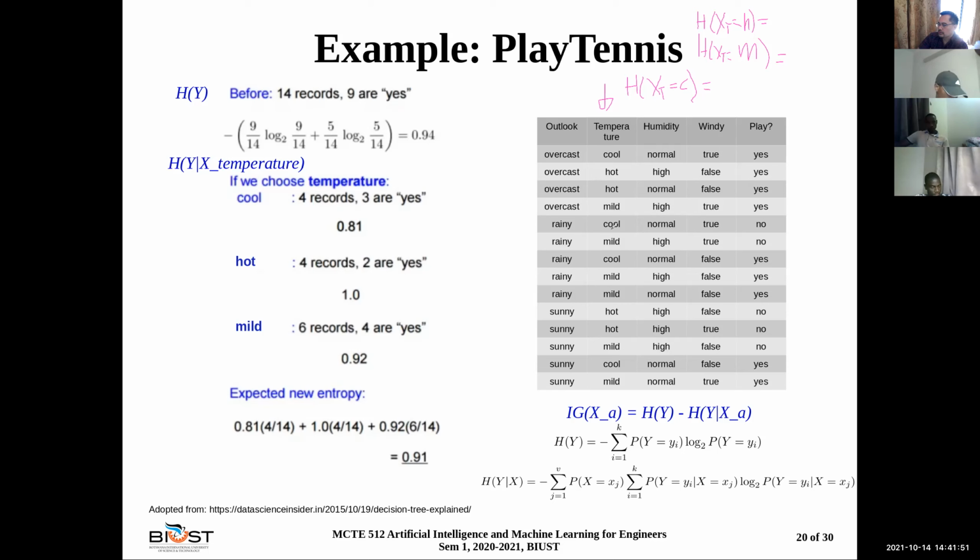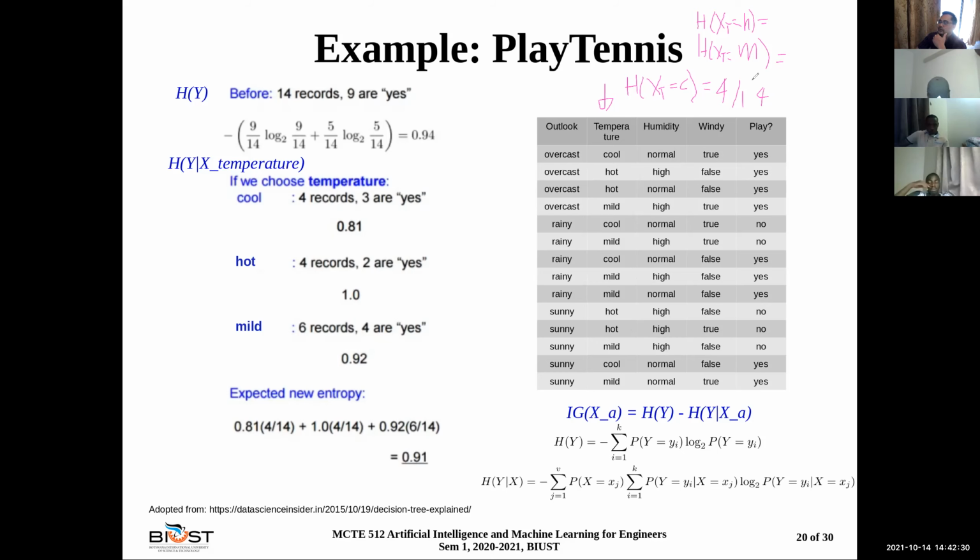So cool, how many? 1, 2, 3, 4. So 4 over 14. Next one, hot. 1, 2, 3, 4, 5. Is it 5? You're not looking. No, it's not, it's 4. 1, 2, 3, 4.